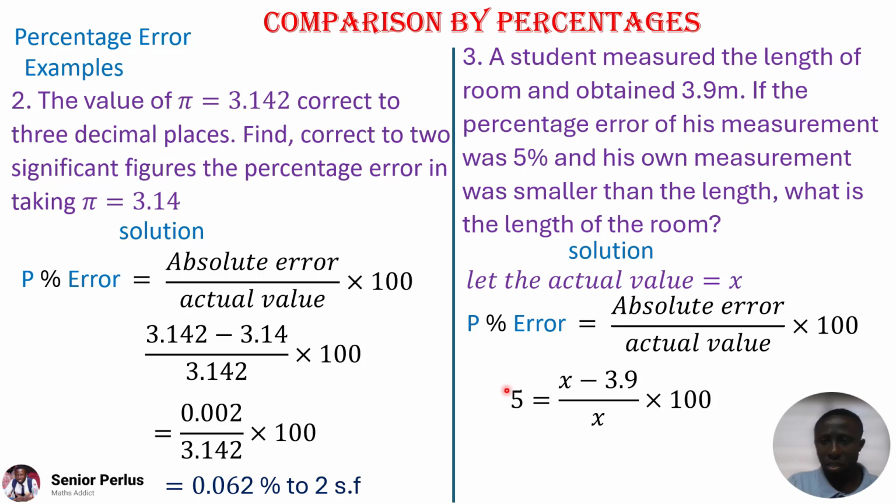Then the S and this S will cancel. Good. So I have 5S here.